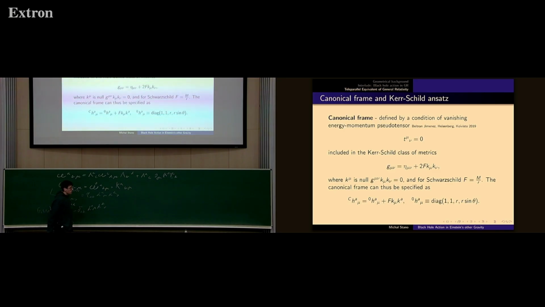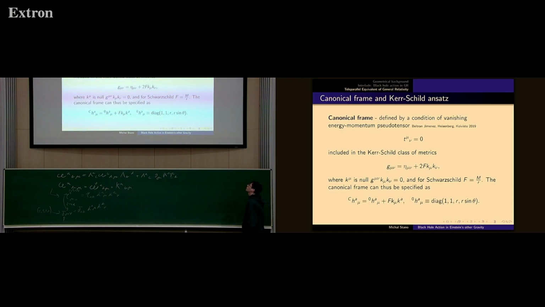So what we have found in the literature is that assuming what is called the canonical frame, it was argued by Tommi Koivisto and collaborators in 2019 that these canonical frames will lead to a unique finite result for the action.